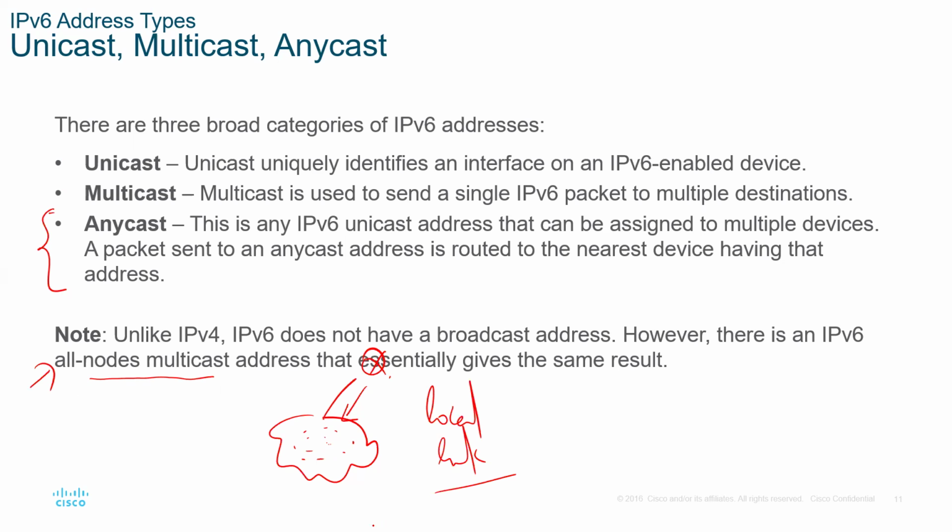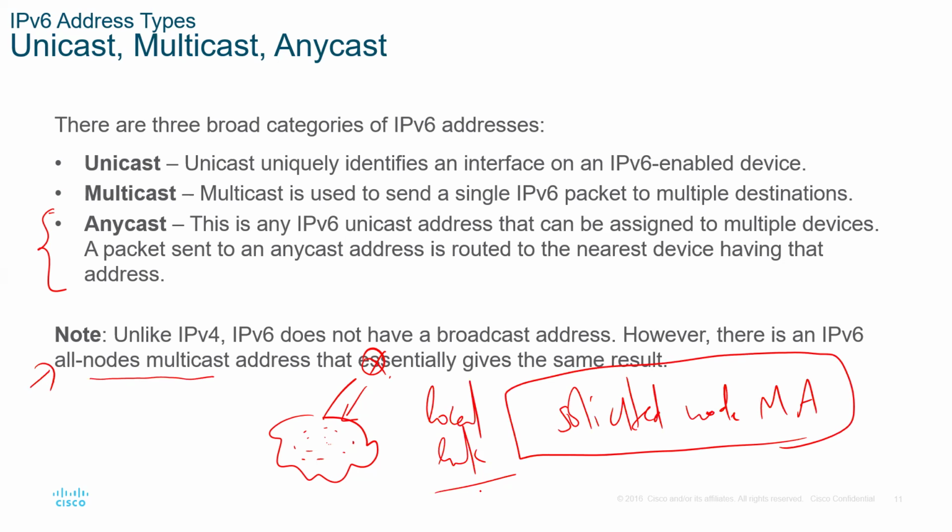Then we have, for example, solicited node multicast address. This one is not sent to all like the all nodes. It is only sent to solicited nodes. It's another multicast address.